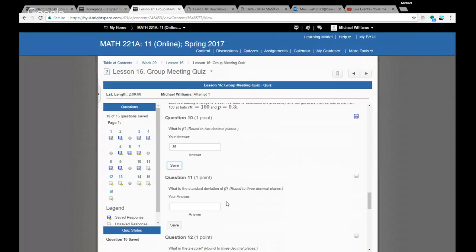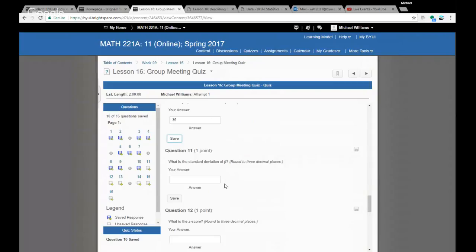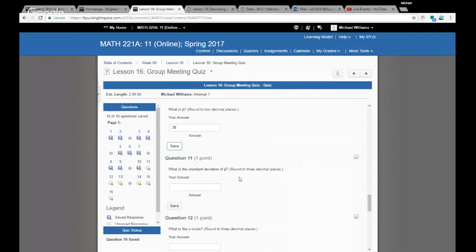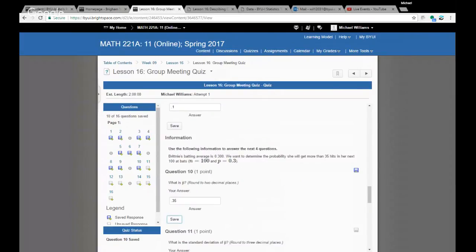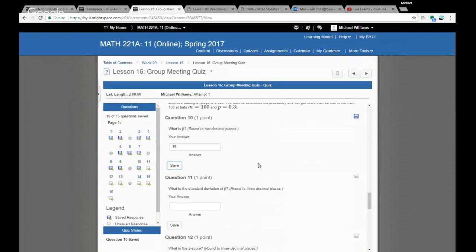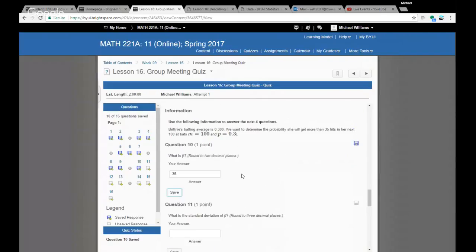So we're doing the square root of P, which is 0.3, times 1 minus 0.3 divided by 100. Doing that without the square root, that's 0.0021, and then I square root that. Okay, 0.0458. I must have typed something wrong the first time.